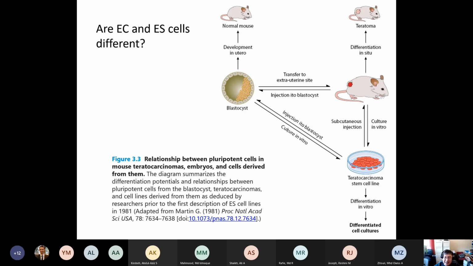Why I say this, I want you to think about this, is because once we have embryonic stem cells, people start to abandon embryonal carcinoma cells. At the beginning, people used embryonal carcinoma cells to study differentiation, because those cells can also differentiate toward many cell lineages. People used that to study differentiation for more than 20 years.